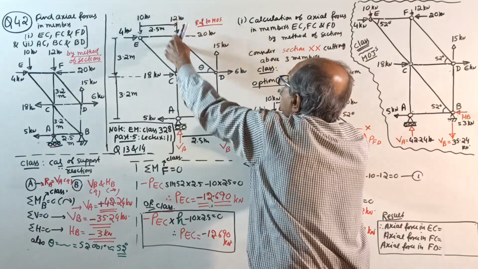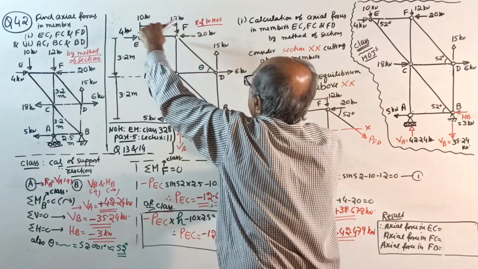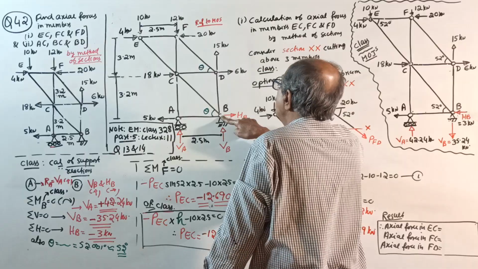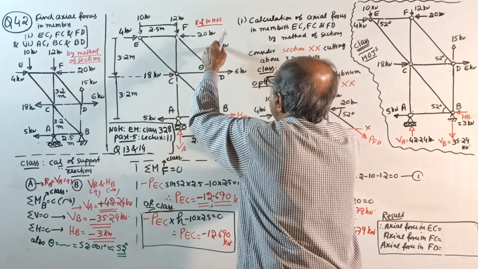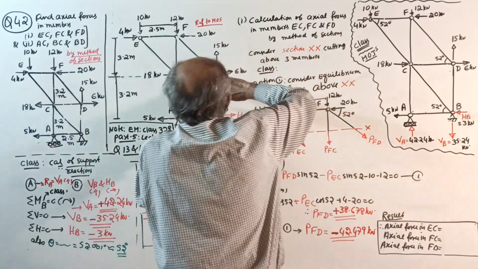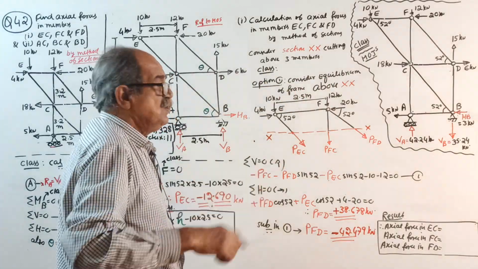Anti-clockwise, 12 into 2.5. Anti-clockwise, 20 into 6.4, anti-clockwise. Whenever anti-clockwise is there, put a minus sign. 15 into 0. Why? See, the 15 line passes through here. Lastly, 6 into 3.2 clockwise, equal to 0.